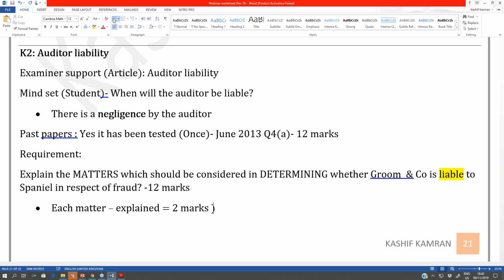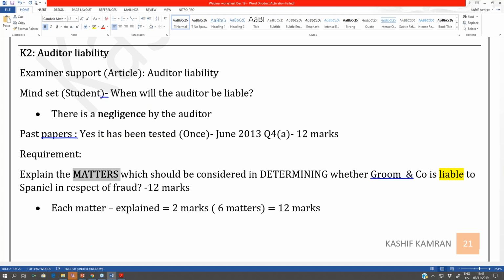So that means if you write 6 matters in the answer, the 6 matters will give you the 12 marks. So now, from where will you be identifying the matters? You will be identifying the matters from the case study. So explain the matters.